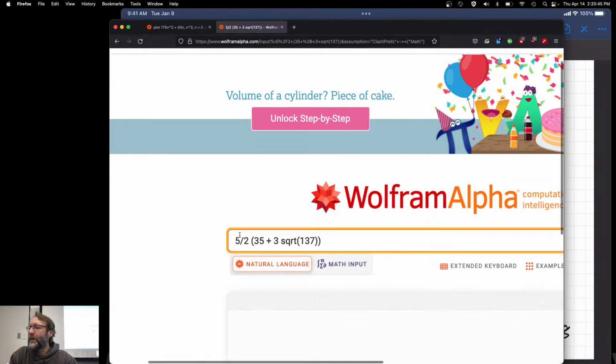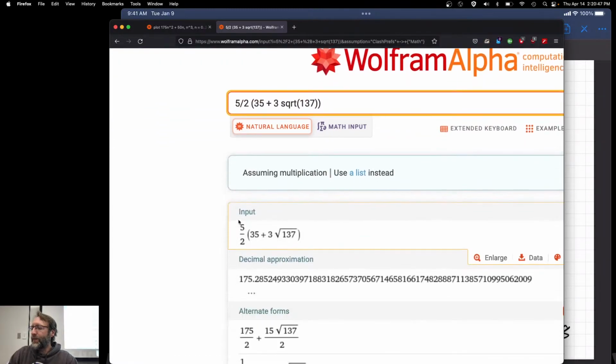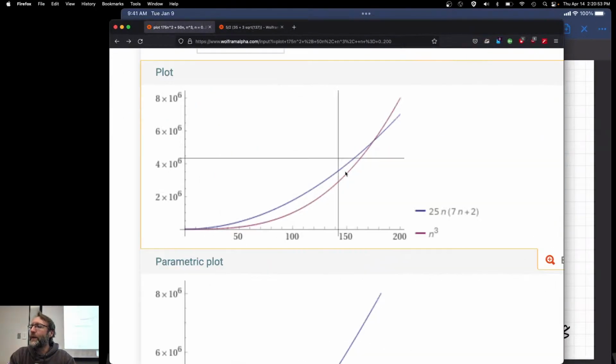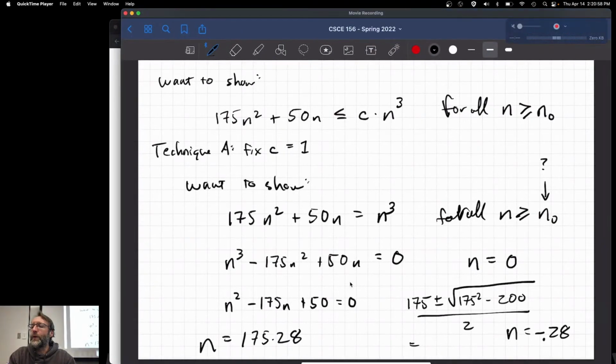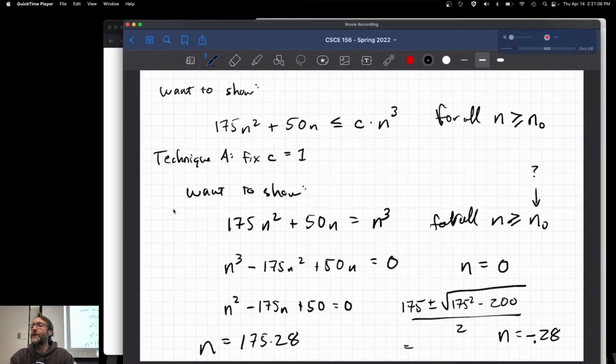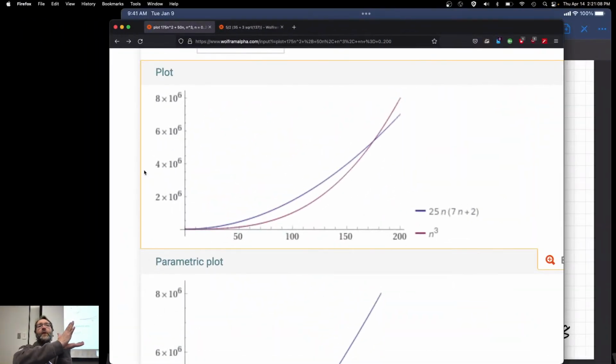This thing right here, 175.28. Now, that's the actual crossover point of these two values right here. Have you ever heard of an input size of 175.28? No.